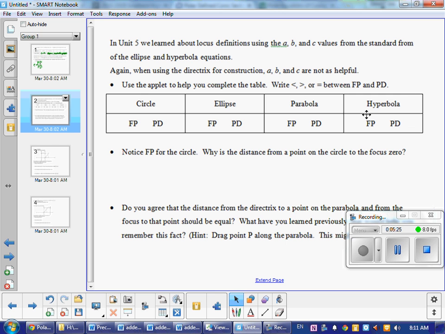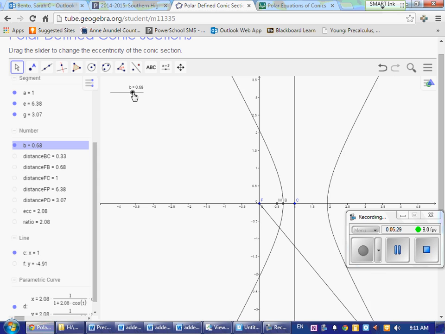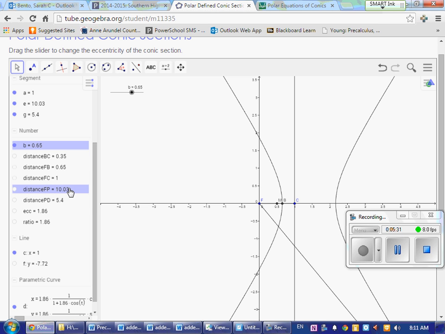All right, let's start with the hyperbola off to the right. So if we have a hyperbola, what's the relationship between FP and PD? So here I have a hyperbola. You can look on the screen. Compare FP to PD. Are they equal? Is one greater? Is one less than?